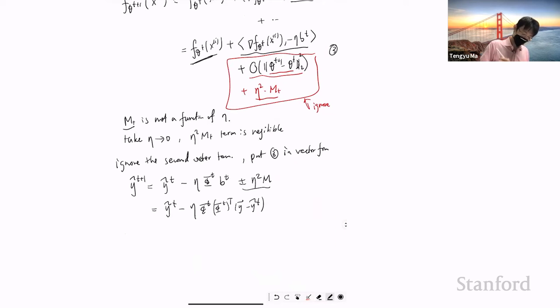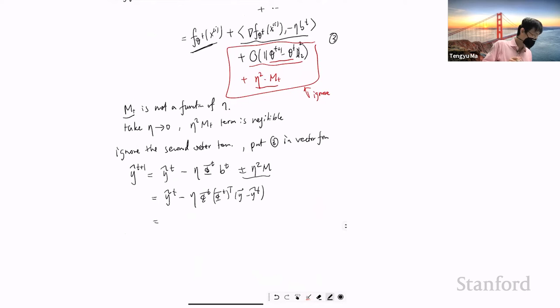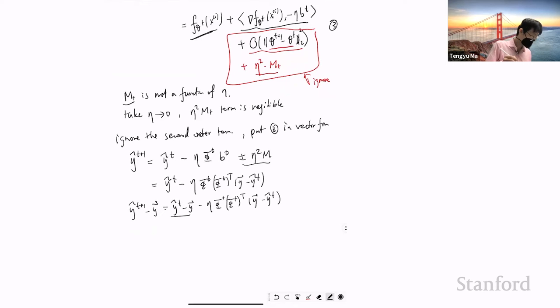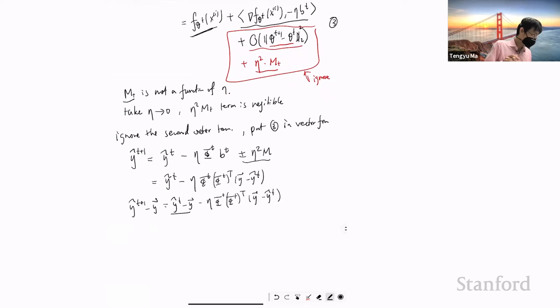So then you have this, and then if you subtract y vec from both of these, and then you reorganize this, you're going to get this equals I minus eta phi t transpose times y hat t minus y vec.